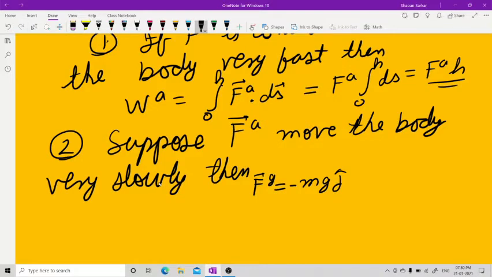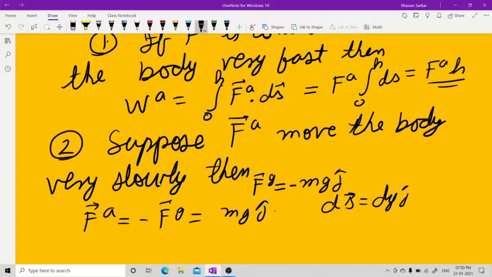This is the gravitational force, and the applied force will be minus of Fg, that is mg j cap, and ds will be dy j cap. We are moving in this direction.